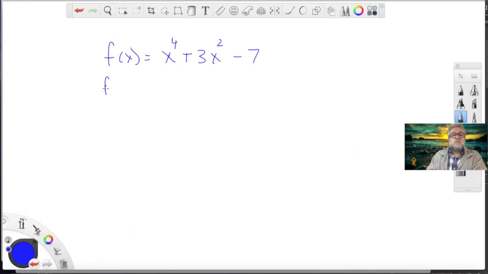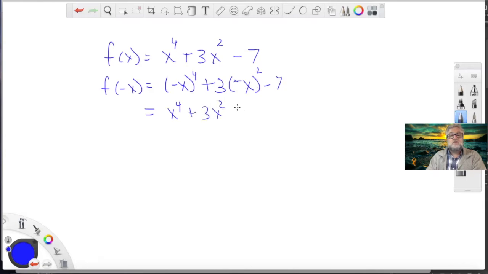Now let's put in negative x: minus x to the fourth plus 3 times minus x squared minus 7. Even exponent, the minus sign is going to go away. Even exponent, the minus sign is going to go away. And that stays the same. This is the same as the original function.